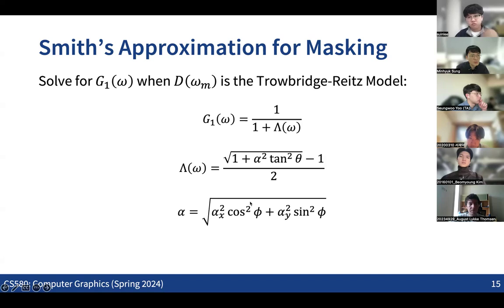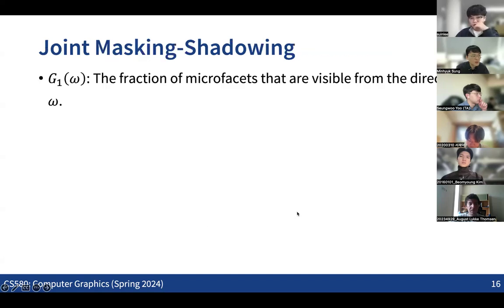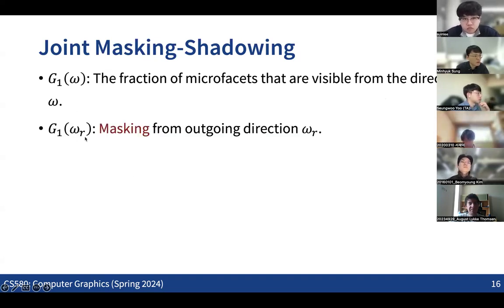And also one more thing is that the masking function describes the fraction of the microfacets that are visible from each direction, the omega here. So if we compute this masking function for the outgoing direction, omega r here, that becomes the computation of masking, how much of the fraction of the microfacets will be occluded, basically not visible or visible from the outgoing direction.